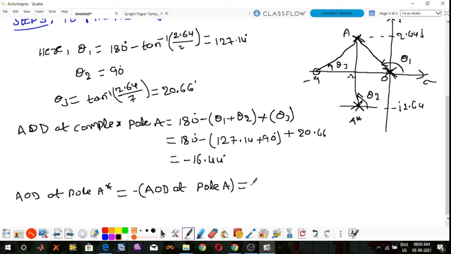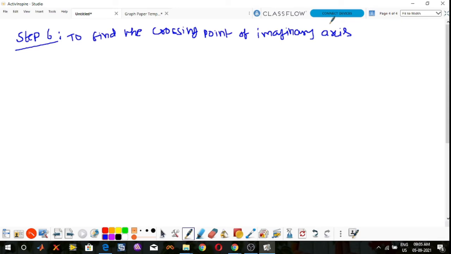Minus 16.44 degrees. Minus of minus 16.44 degrees, minus into minus is plus, which is equal to 16.44 degrees. Next, step number 6 is to determine the crossing point of the imaginary axis.